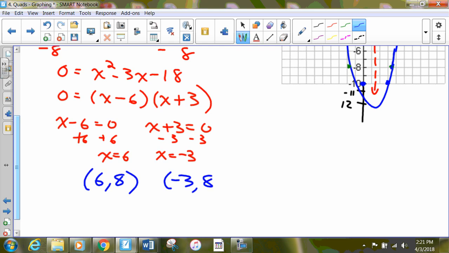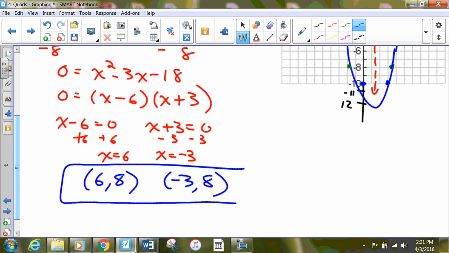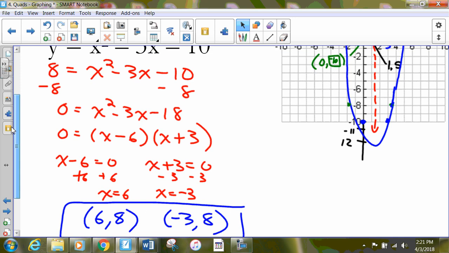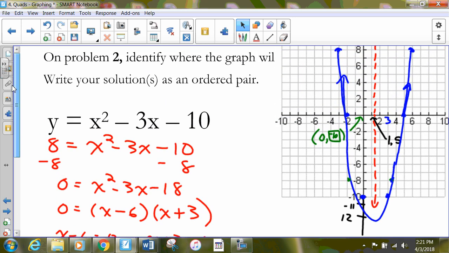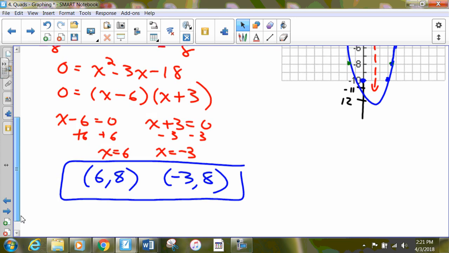These are the 2 points on the graph that have y values equal to 8. Sorry about that misleading, looking at the negative 8s. If I would have been trying to predict where the graph has values of 8, we might have come close. I think we might have picked negative 3 and 6.